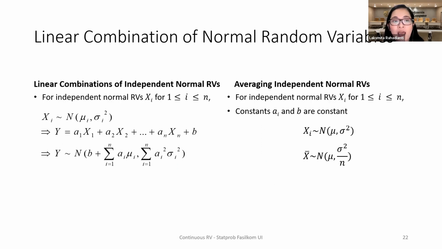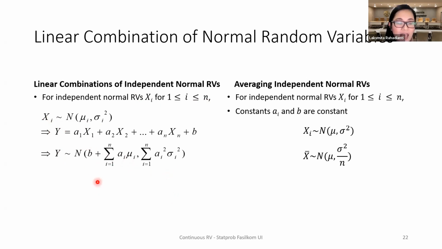Next, we also have linear combinations of independent normal RVs. If I have X1 and X2, or here it's generalized to Xi, so X1 until Xn, and I know that Y is a linear combination of X, I can also derive the parameters of Y using these functions here.